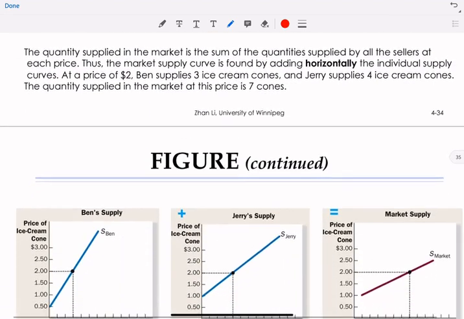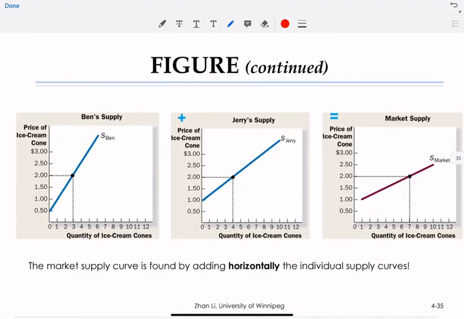So now let's see how you could solve this using pictures. So let's say this is Ben's supply. This is Jerry's supply. And we would want to find out market supply. So here, market supply, well, we have talked about this, is the sum of two supplies, right? Graphically, it means you want to add up these two supplies horizontally, right?